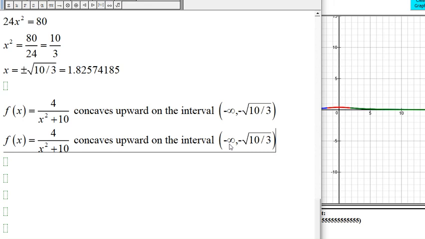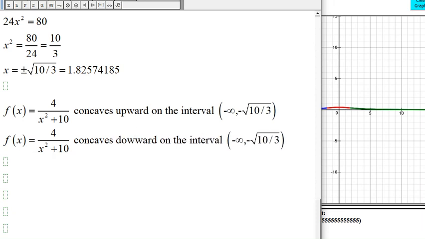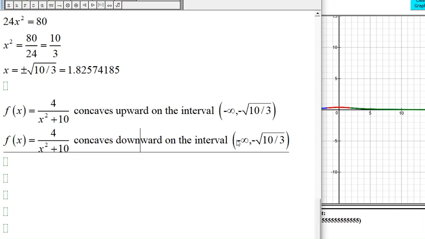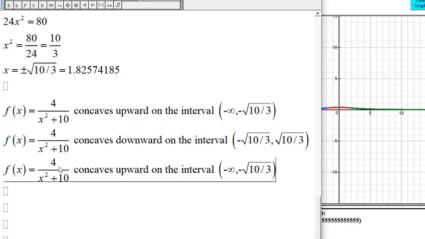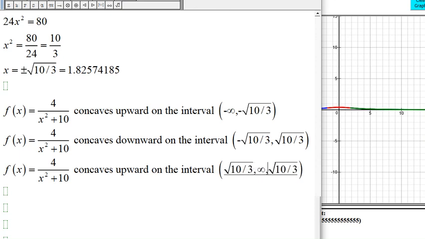Then let's go to the middle, and it is concave downward on the interval from negative square root of 10 over 3 to the square root of 10 over 3. And then the last part, it is concave upward on the interval from the square root of 10 over 3 to the right side, which is positive infinity.